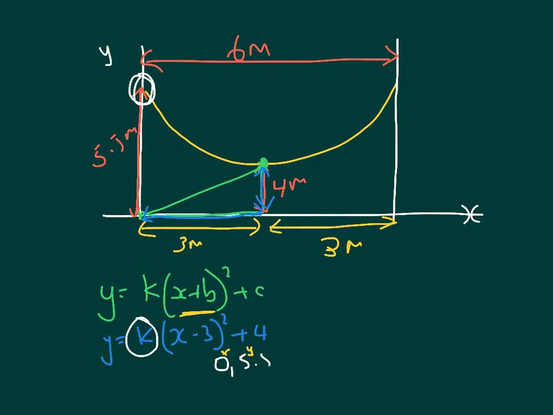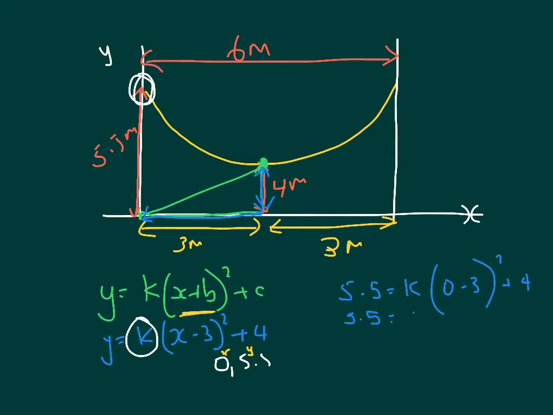So if we substitute those into the formula, 5.5 equals k(0 minus 3) all squared plus 4. Carrying on with the algebra, 0 minus 3 all squared is negative 3 all squared, which is 9.